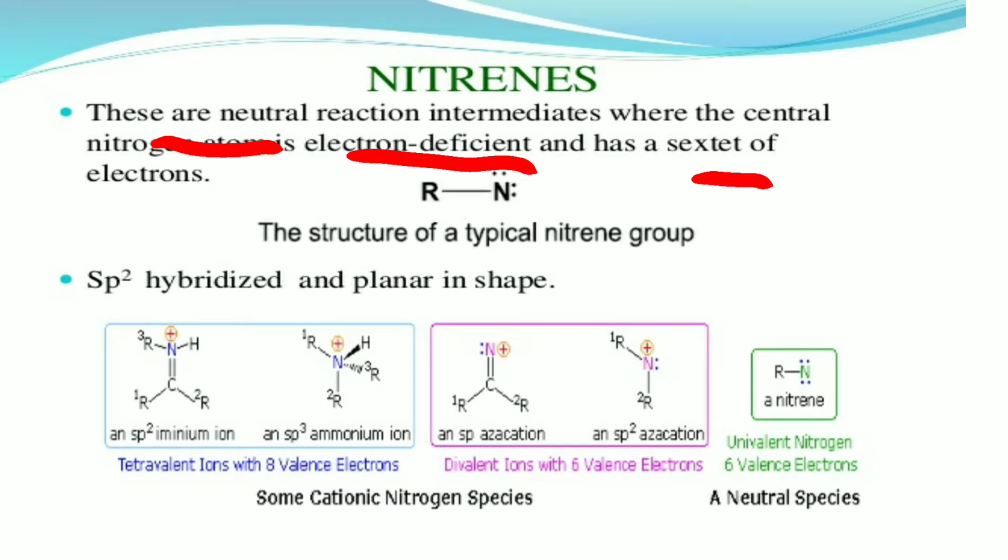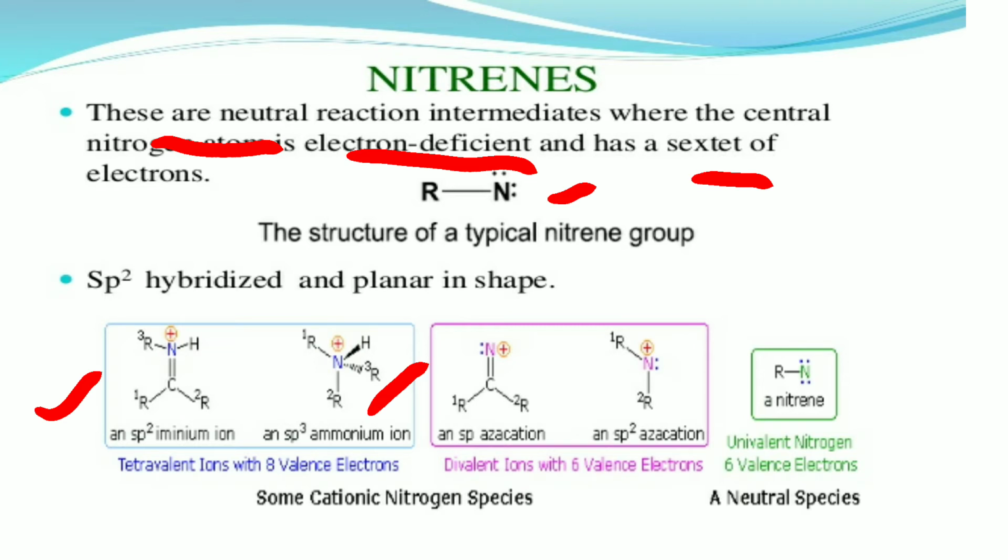This is a typical structure of a nitrene group, RN, containing 4 electrons, that is 2 lone pairs of electrons. It is sp2 hybridized and planar in shape. Here you can see the sp2 iminium ion, and another structure is the sp3 ammonium ion. These are tetravalent ions with 8 valence electrons.